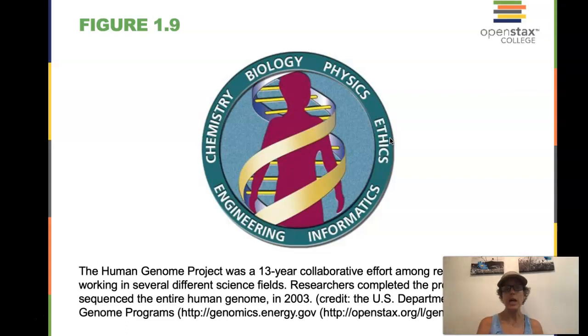Now, of course, it's not the DNA sequences of every single person on the planet, but it is a comprehensive library of all of the genes that are in human beings. And we hope to be able to use that information to know the specific causes of genetic illnesses and potentially be able to treat them.